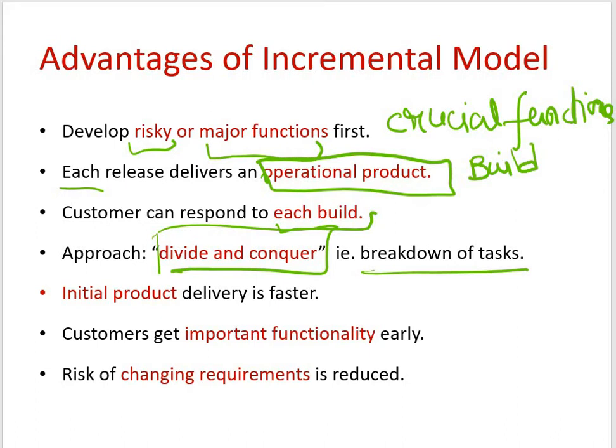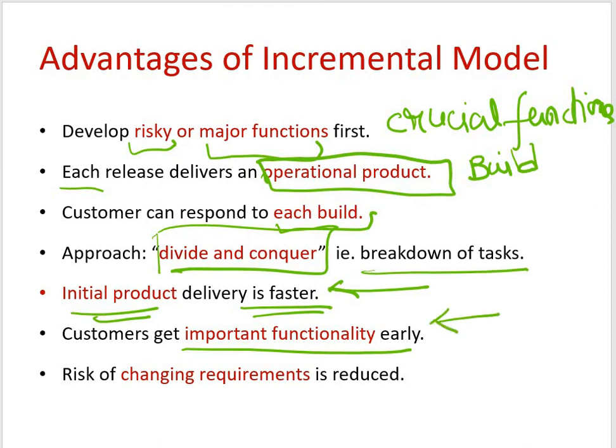Initial product delivery is faster because I need to immediately launch my product with some functionality in the first build. So let me deliver it at a faster rate, and then later I can take a call on the other builds. So customers are getting the important functionalities very early with the deployment of the first build or first increment.